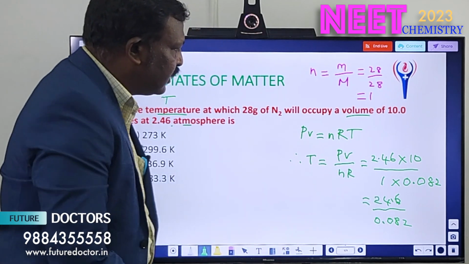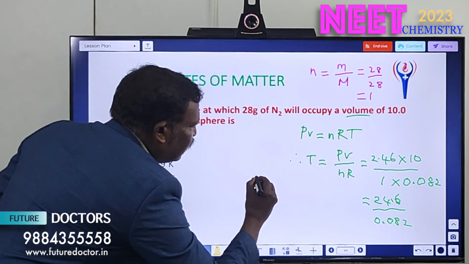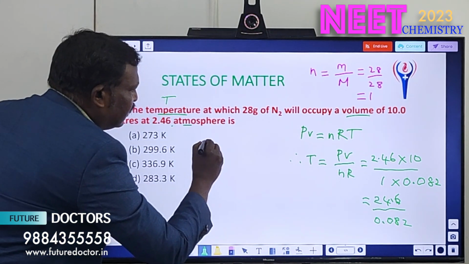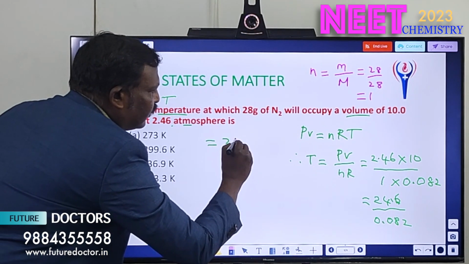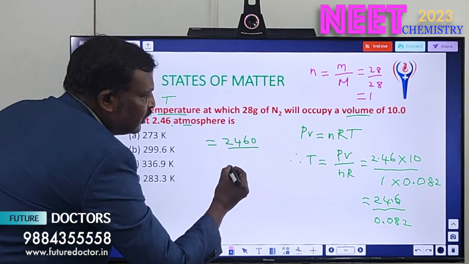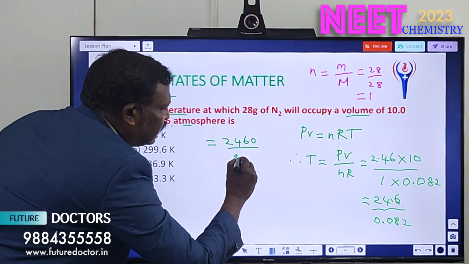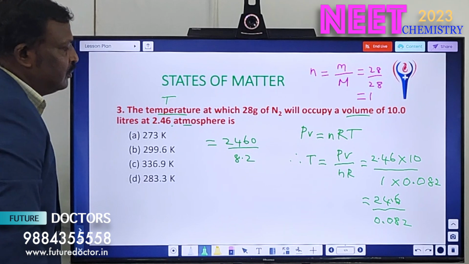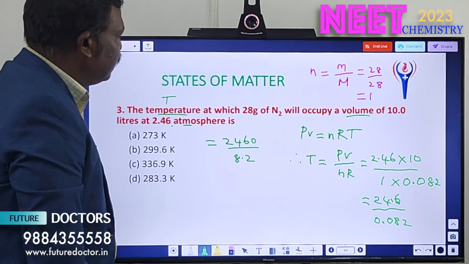Here 2460, this also multiplied by 100 means 8.2.